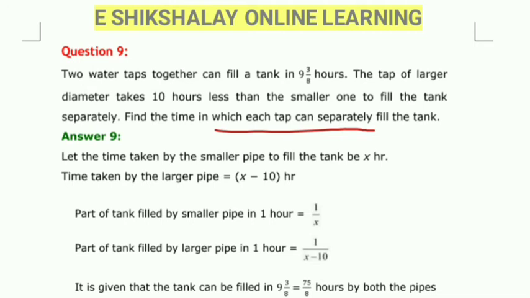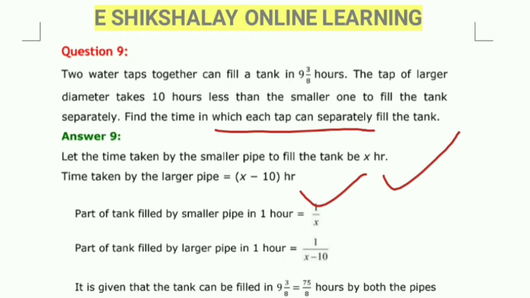Let the time taken by the smaller pipe to fill the tank be x. According to the question, the larger takes 10 hours less, so the time taken by the larger pipe is x minus 10. Clear? The question clearly says that the larger tap takes 10 hours less time, so it is x minus 10. So we have two times.